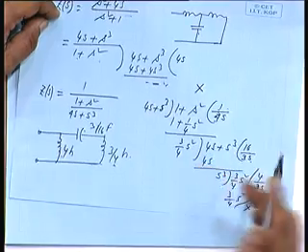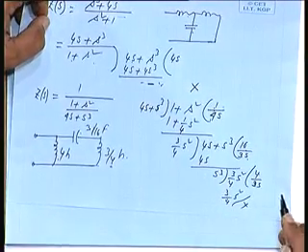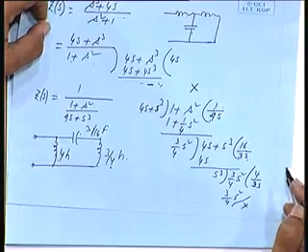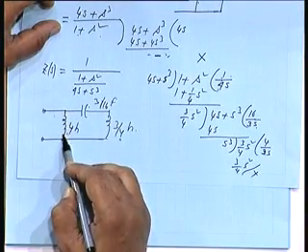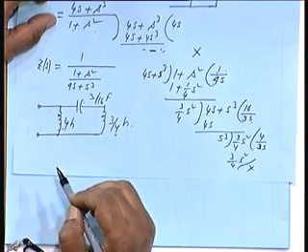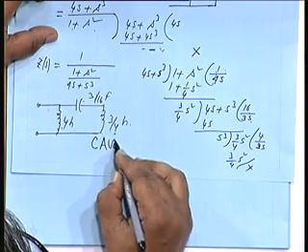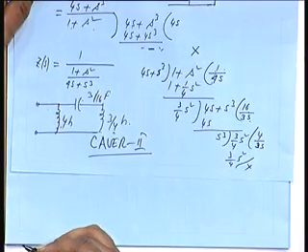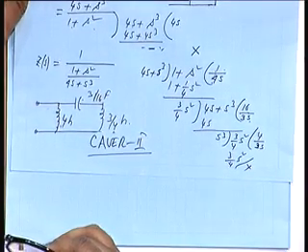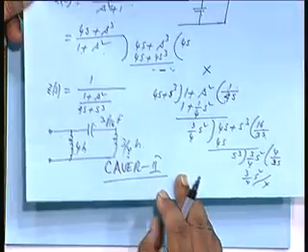So, now the element values are just inverses of those coefficients of 1 by S, all right. And shunt elements are inductances, series elements are capacitances. So, this is known as Cauer 2 realization. This is Cauer 2 realization.